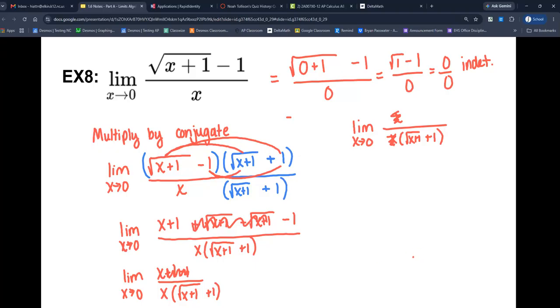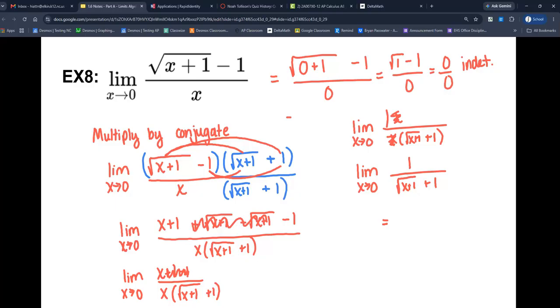Now, nothing's left in the top, but what's really still there? A 1, because there was a 1 in front of that x right there. So now we've got the limit as x approaches 0 of 1 over the square root of x plus 1 plus 1. Once something cancels, you can probably do direct substitution.